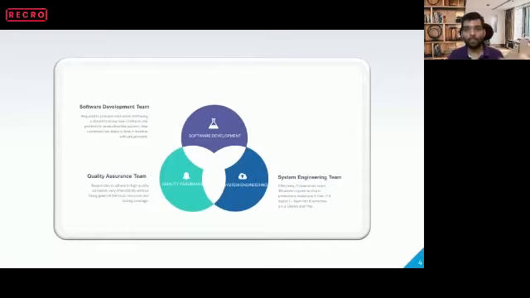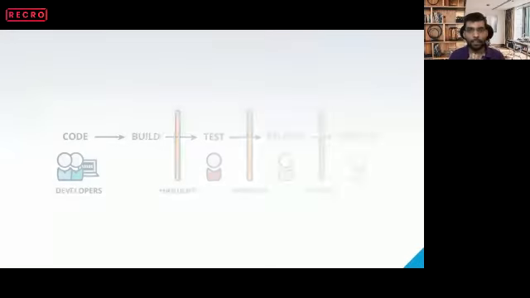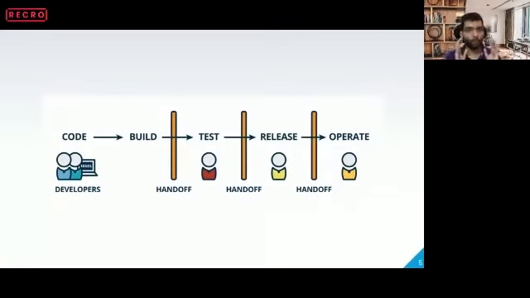So quickly to summarize this entire process, the developers code the software by creating some logic, using a particular language and framework, create the code, build it, and then it's handed over to your quality assurance team, also known as testers, who would then test it. They then hand it over to the operations team, who will then release it for the world to use.